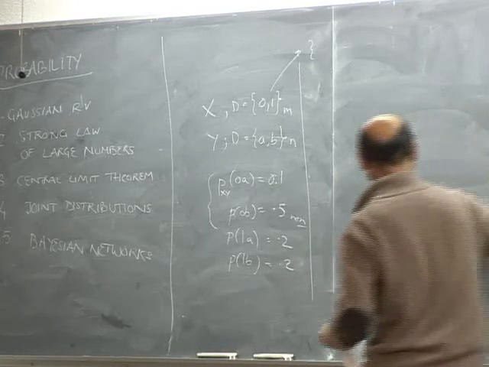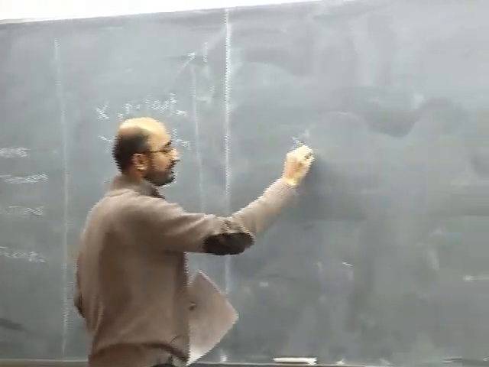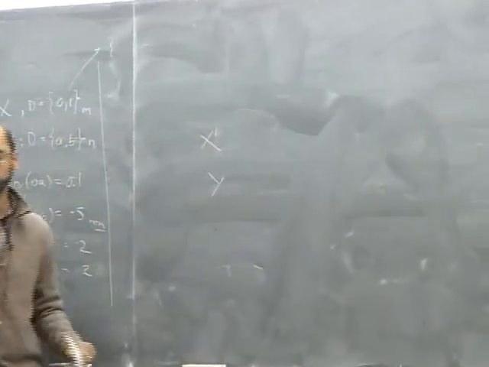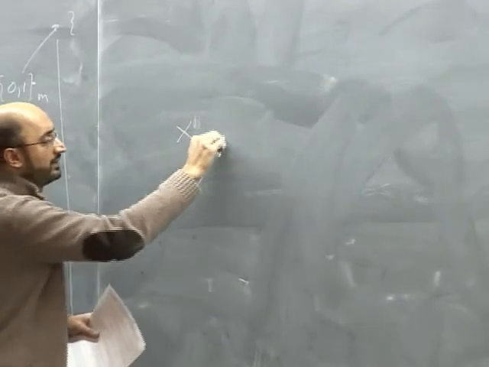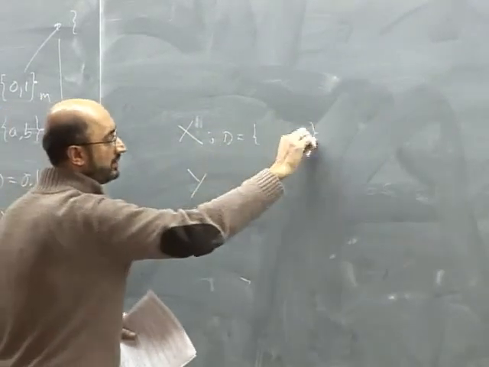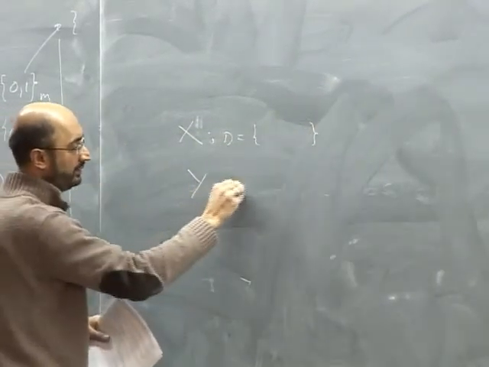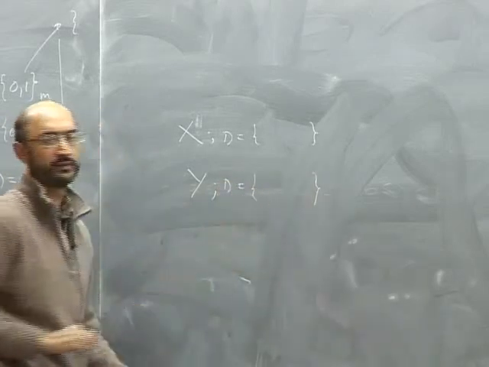Okay. I have some random variable x and some random variable y, and x has some domain, and y has some domain which I don't have to state. Now here's what's going on.